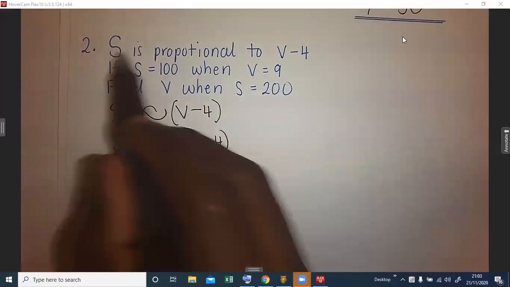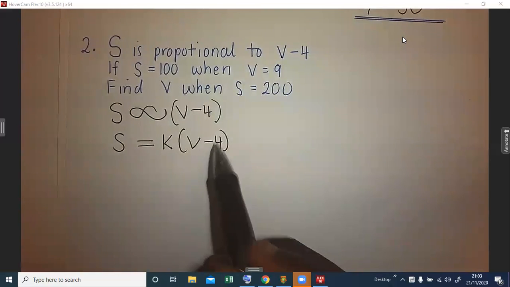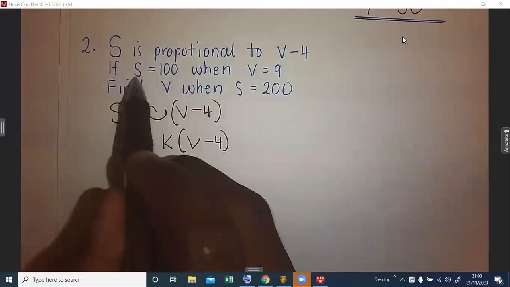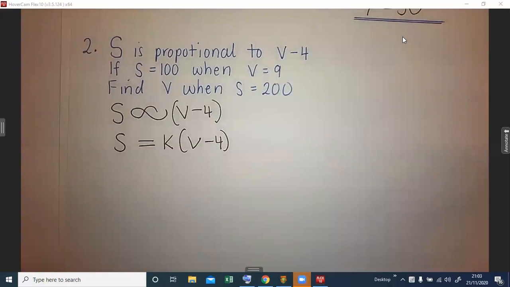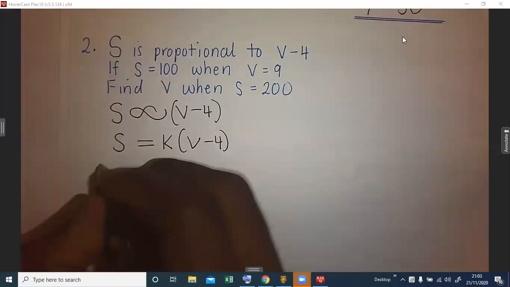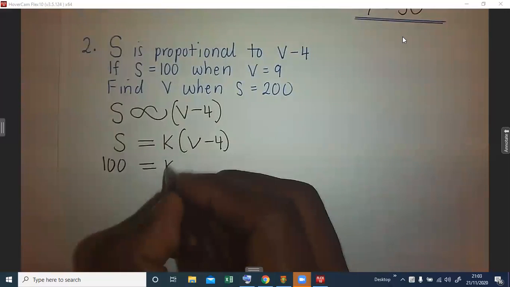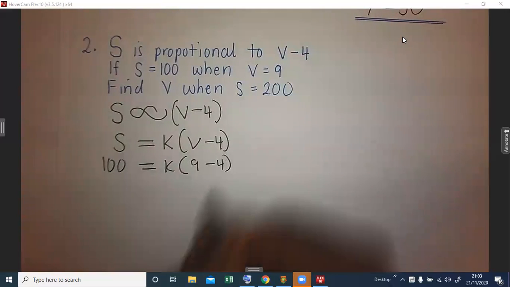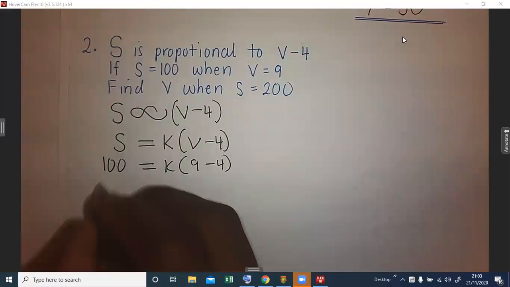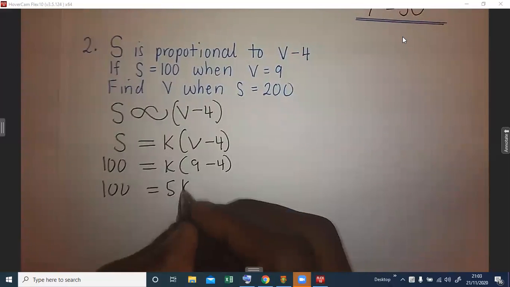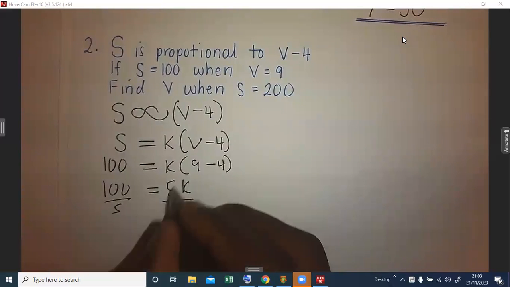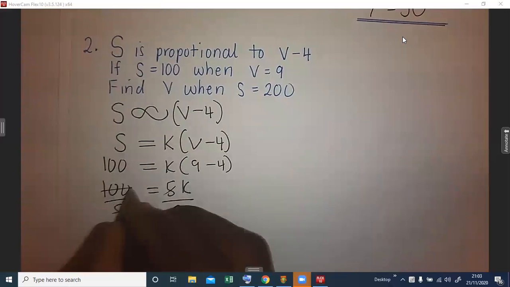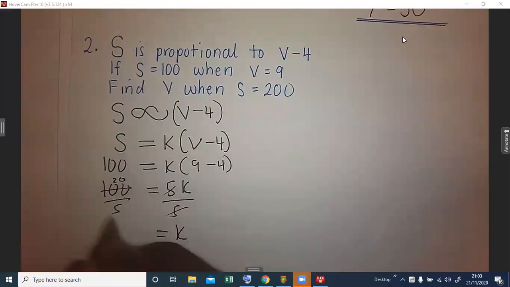Now we have the second part, S is equal to 100 when v is equal to 9. We use it to find k. So we have 100 as S, and v is 9 minus 4, so we get 5. So 100 is equal to 5k. Dividing by 5, our k will be 20, because 100 divided by 5 is 20. So our k is 20.